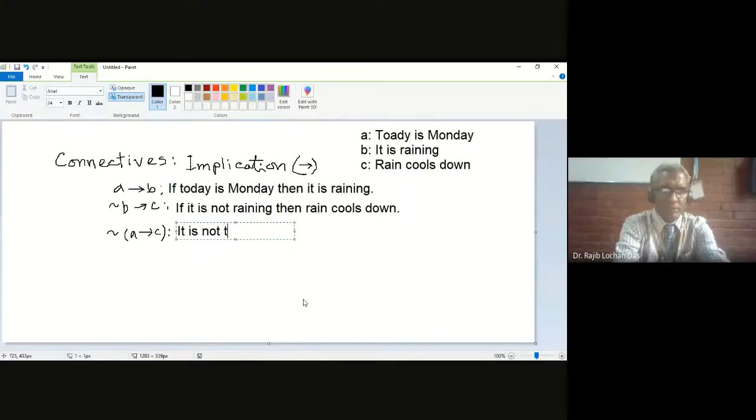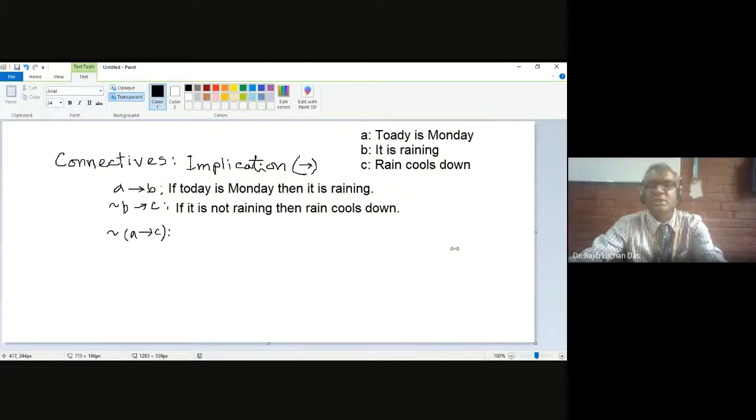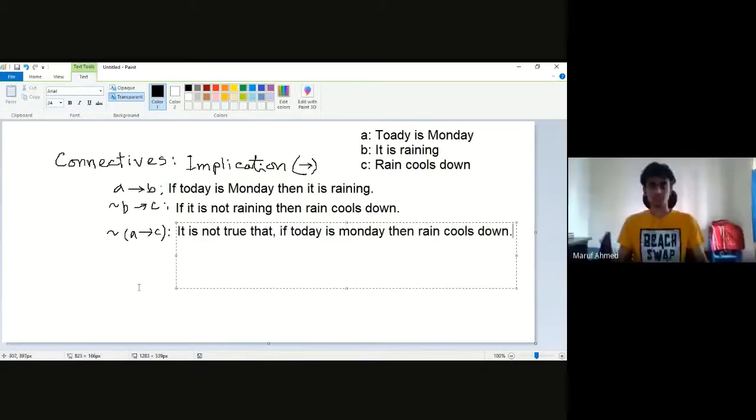Exactly, you will start like this: it is not true that, then comma, if today is Monday, then rain cools down. Is that okay? Do you understand all my sentences? Yes, sir.